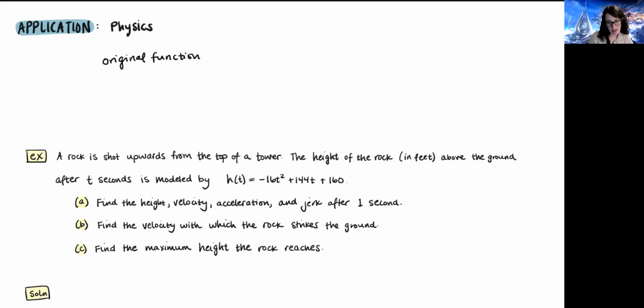And this is all going to rely on the fact that our original function is what's called a position function or a distance function. It might measure distance from a starting point. It might measure height above the ground. Anything that tells you the location of an object from a particular point is called a position function.